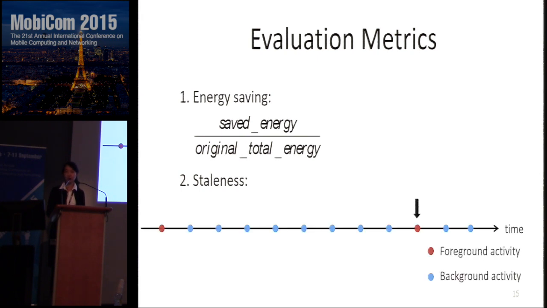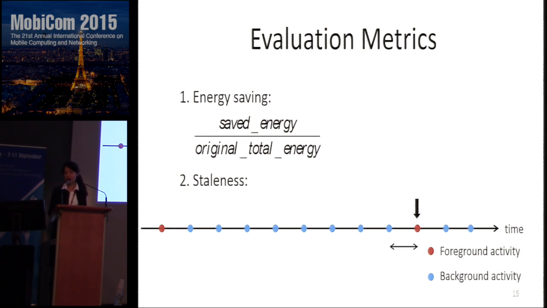So what is staleness? Staleness is usually defined as the elapsed time from the last background or foreground activity to the current foreground activity. For example, for this foreground activity the arrow pointed to, if nothing is suppressed, then the staleness will be this much.